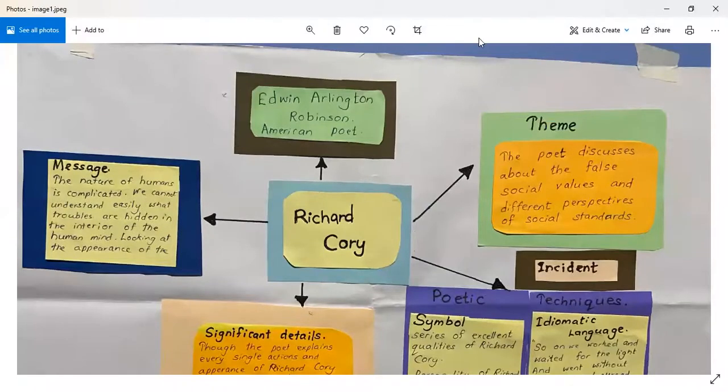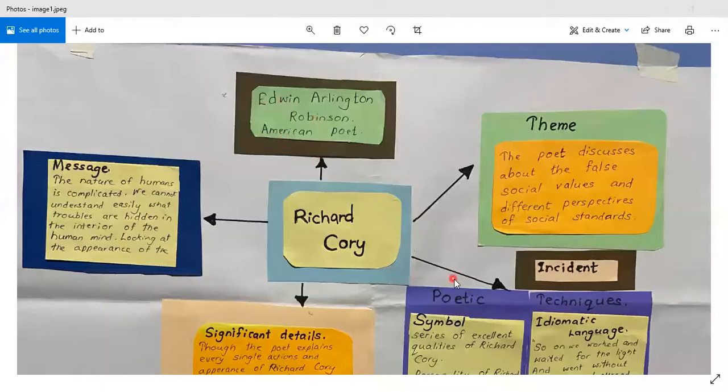When you are at home, you can also prepare mind maps using your own pen. Last session, we discussed the structure of a mind map relevant to a poem, but this mind map may be different. According to your wishes, you can add some more points as well.